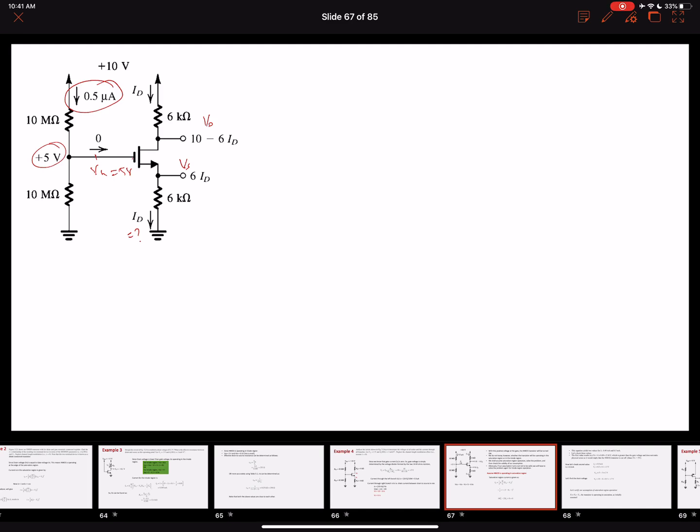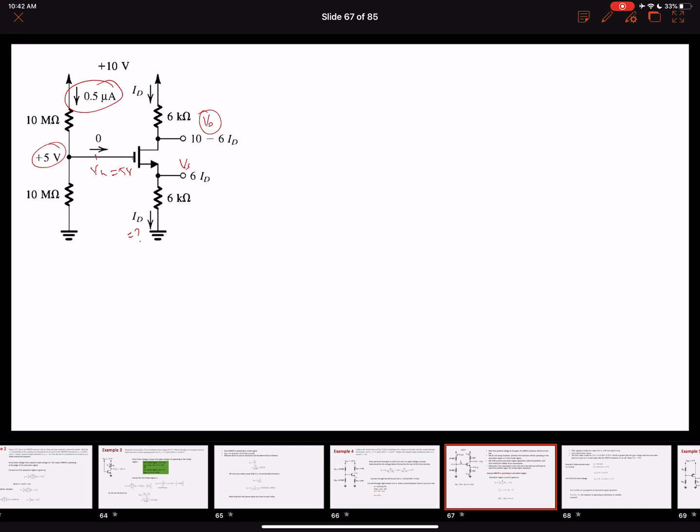Now the transistor is on, but whether it is operating in the triode region or in the saturation region depends on the value of the drain voltage in comparison to the overdrive voltage or the gate voltage, which we don't know. Since we don't know the drain voltage, we are going to make an assumption.